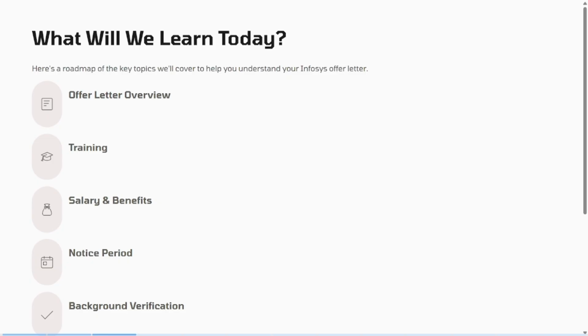We will also talk about the notice period, background verification, the non-compete agreement and the documents you will need before joining. Finally, I will share a few practical tips that can help you avoid common mistakes during the joining process. Don't skip any section because each part contains information that could be important for your joining.